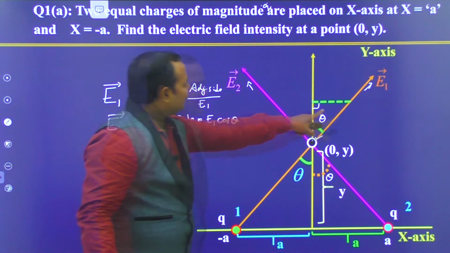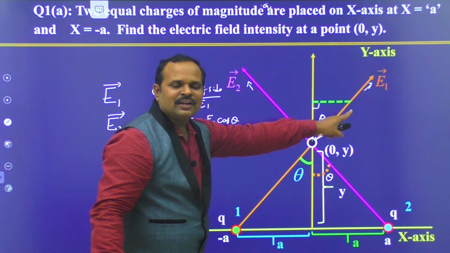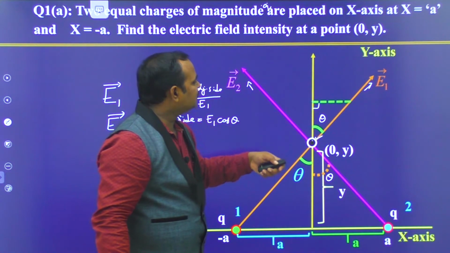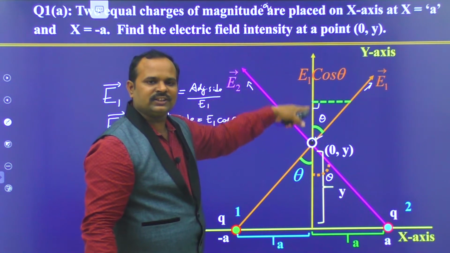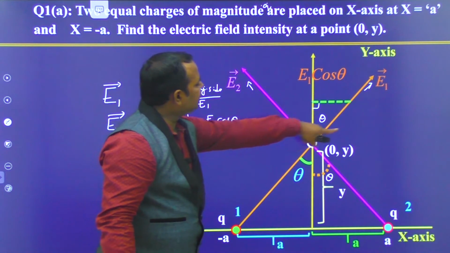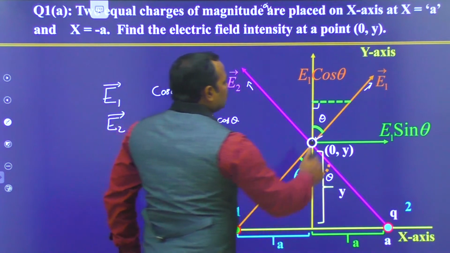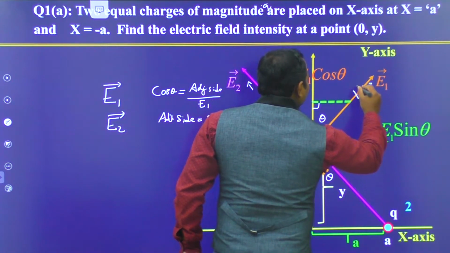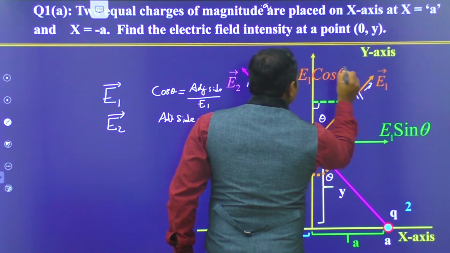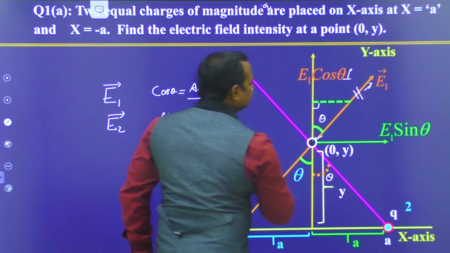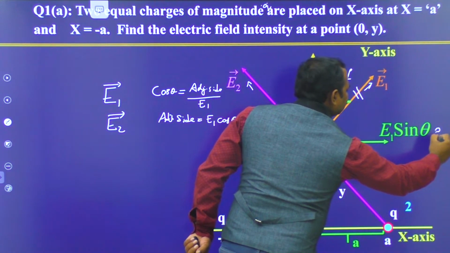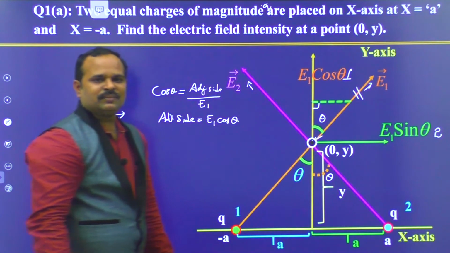That means this electric field E1 can be resolved into E1 cos theta along the y-axis, and obviously in this direction it will be E1 sin theta. So now this electric field is resolved into two components. The first component is E1 cos theta, and the second component is E1 sin theta.